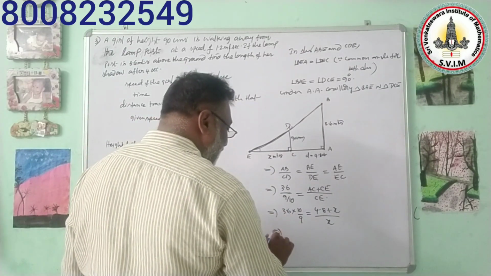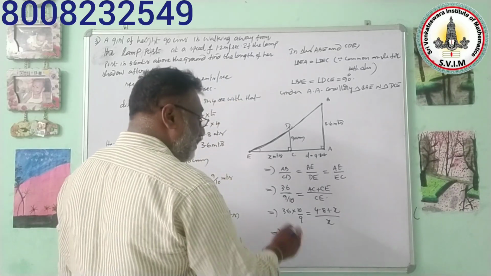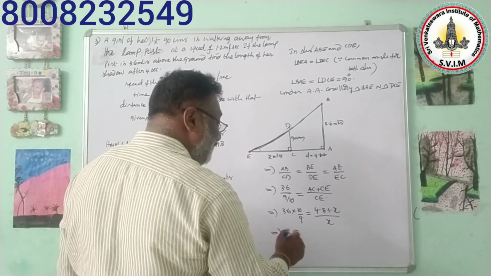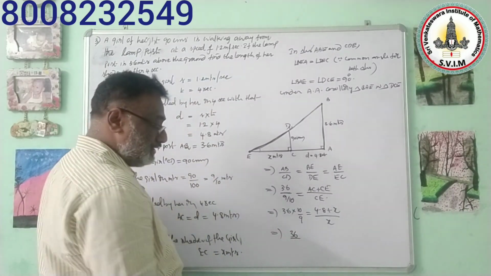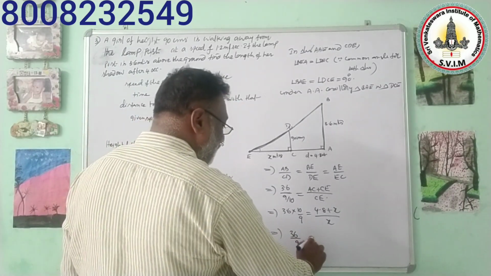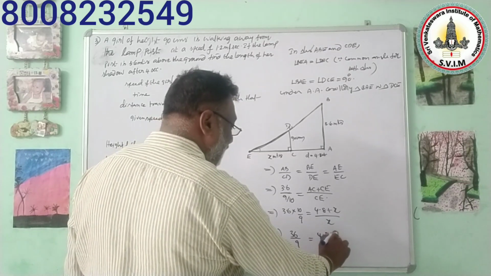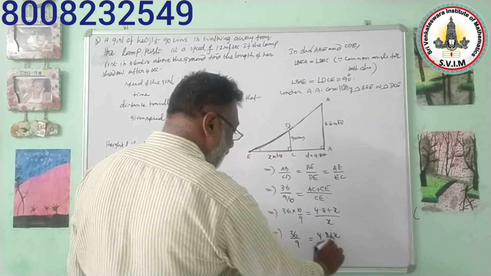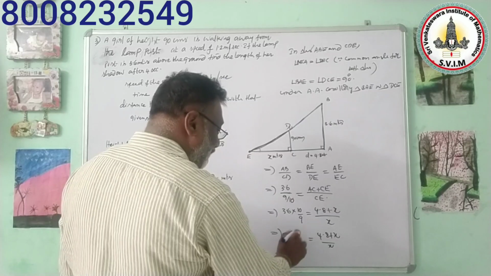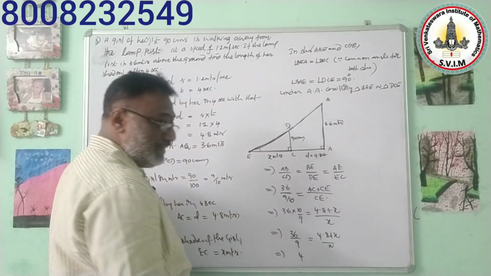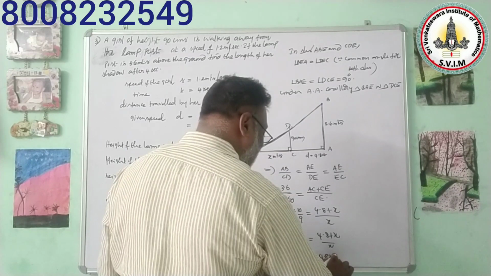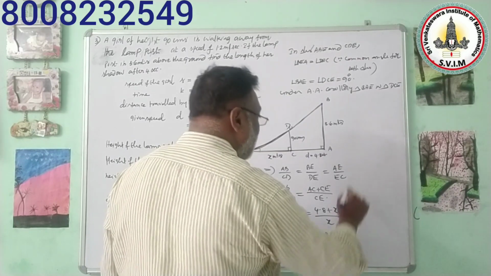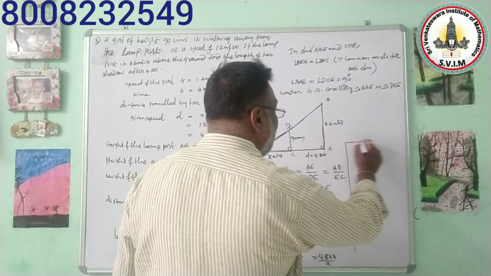If you multiply this 3.6 with 10, you get 36 by 9 is equal to (4.8 plus X) by X. Cancelling 9 and 36, you get 4 is equal to (4.8 plus X) by X.